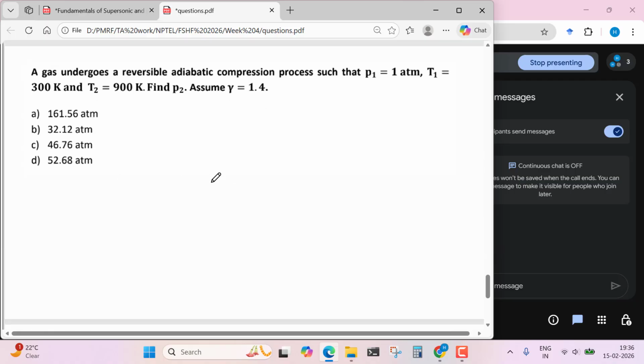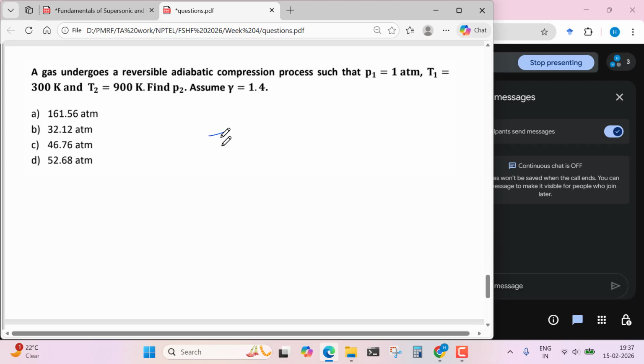Next problem. A gas undergoes a reversible adiabatic compression process such that P1 equal to 1 atmosphere, T1 equal to 300 Kelvin, T2 equal to 900 Kelvin. Find P2. Assume gamma equal to 1.4. How will we solve it? Isentropic, because reversibly adiabatic means isentropic.